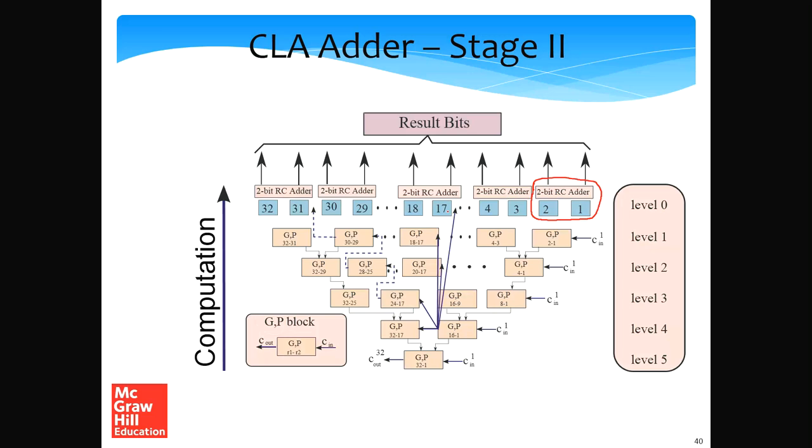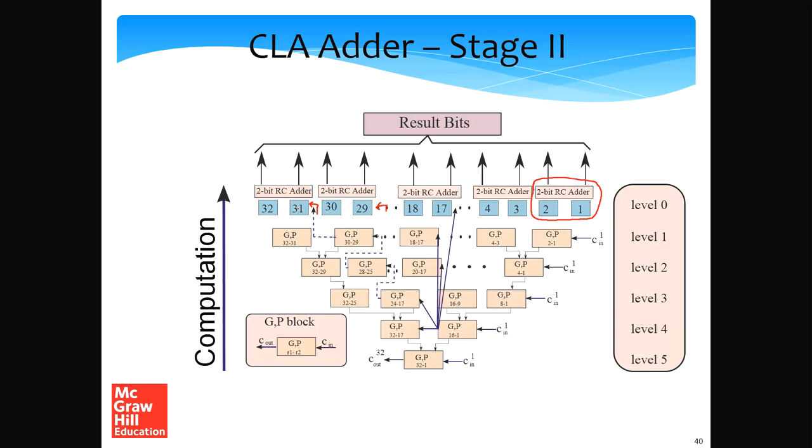But the main thing that stops us from doing the addition is that we don't know what the carry is. For example, for this 29th and 30th bit pair, we don't know what carry is coming in. Or we don't know what carry is coming into the 31st or 32nd adder. If we know all the carries that are coming into these adders, we can quickly, in order one time, do the addition.